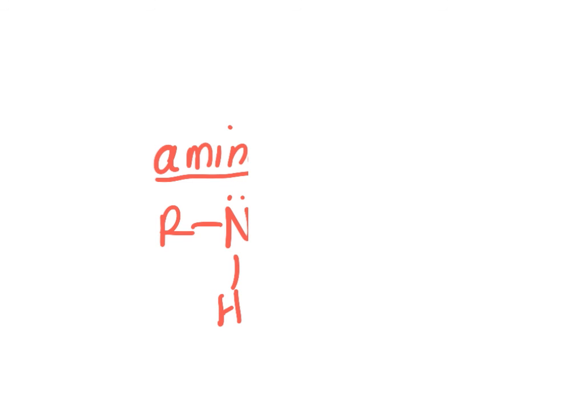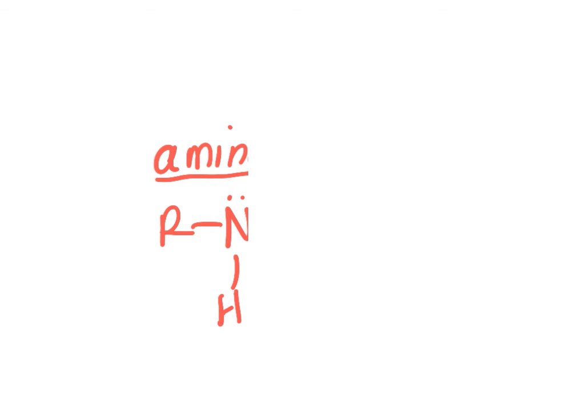For an amide, where you have that carbonyl bonded to a nitrogen, you have a configuration where the nitrogen can have 2 hydrogens. That would be a primary amide. If that nitrogen has 1 hydrogen and then essentially 1 R group and the carbonyl, it would be a secondary amide.